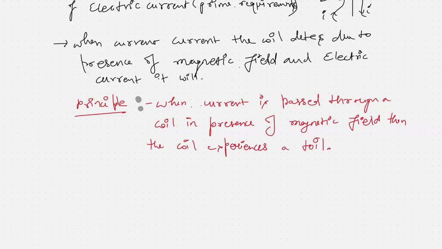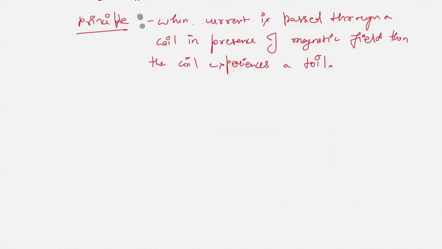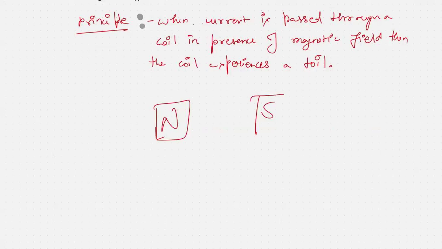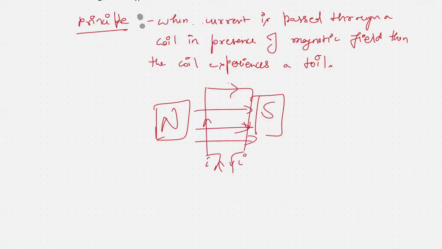In your grade 10th, you might have seen this kind of structure: this is the north pole, this is the south pole, and there is this kind of coil. Current is going inside, current is going outside. So we say there's a magnetic field in this direction. When current is going this way, assume this is the axis of rotation, where it actually rotates.